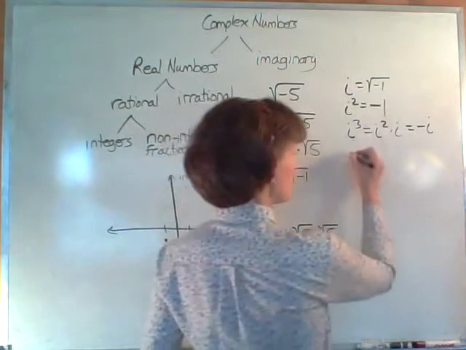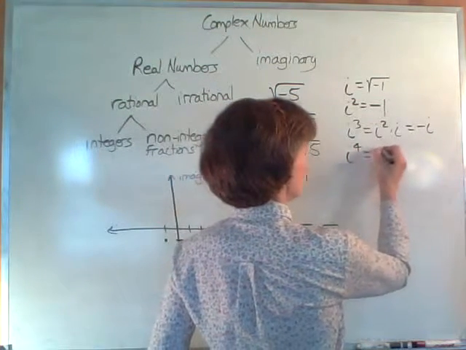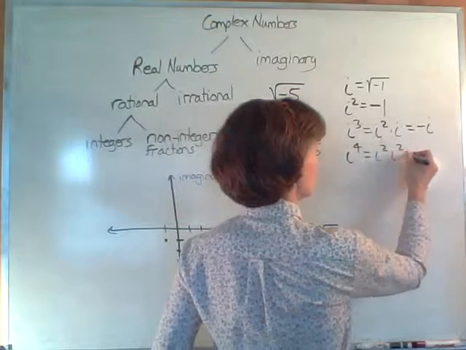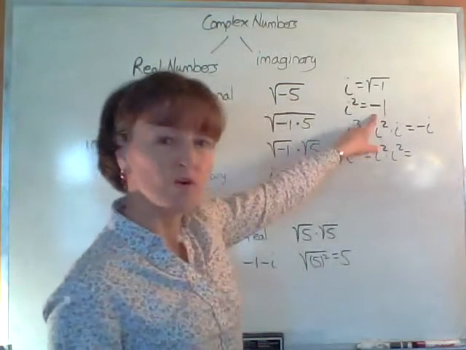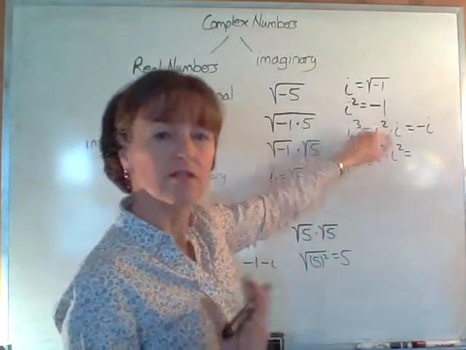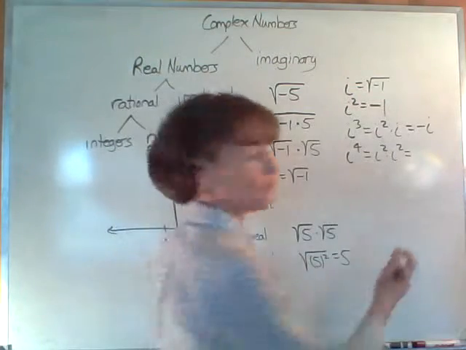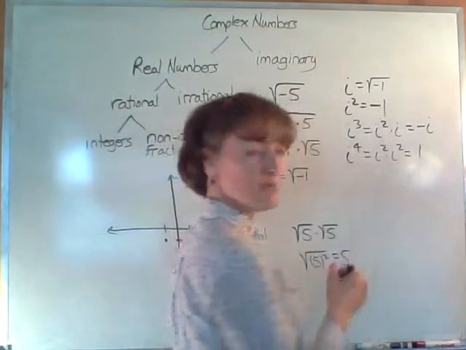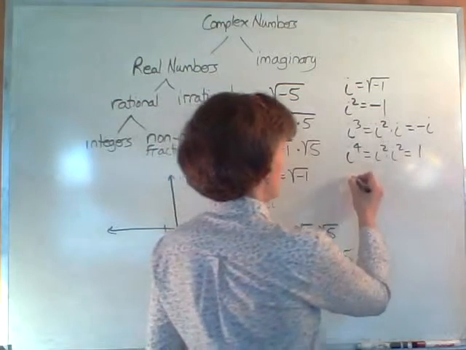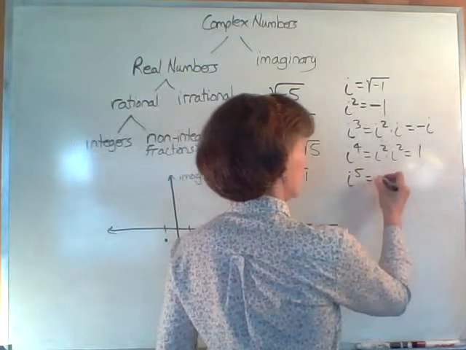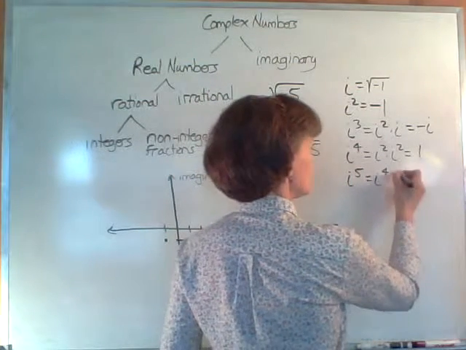And then i to the 4th can be written as i squared times i squared. But i squared is -1, and -1 times -1 is +1. So i to the 4th is +1. i to the 5th can be written as i to the 4th times i.